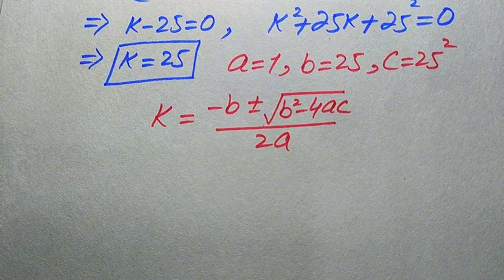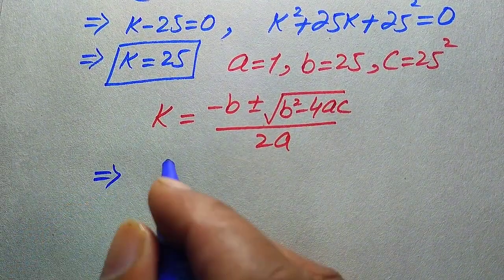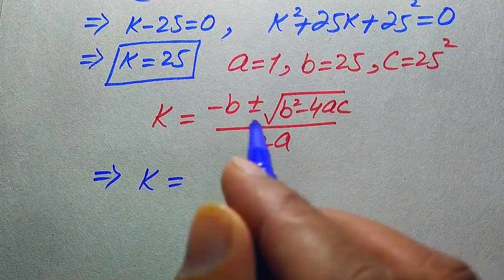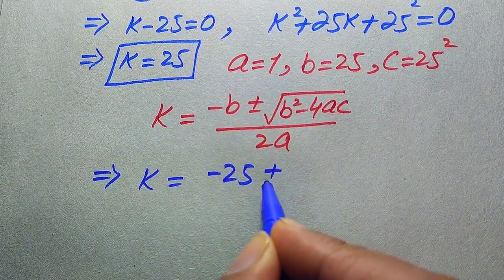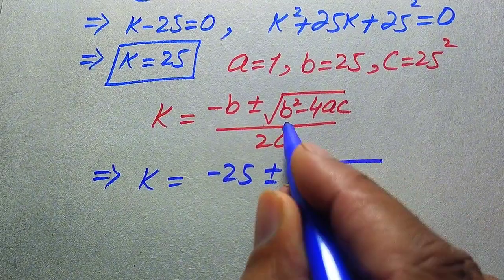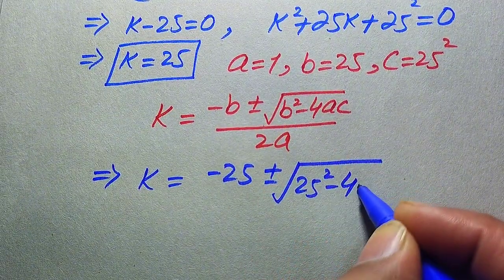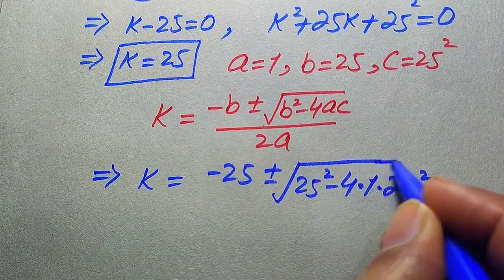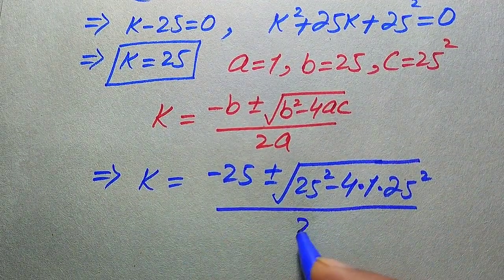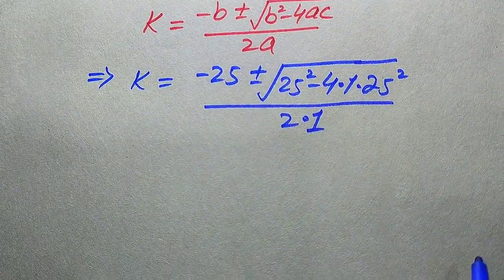So here when we substitute all the values of a, b and c, this will be written as k is equal to minus b, the value of b is 25, plus minus square root of b square, so b is 25 square, minus 4 times a is 1 and c is 25 square, and it is divided by 2 times a, and here our a is equal to 1.